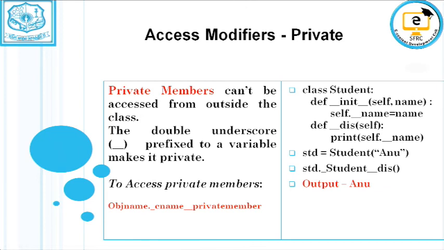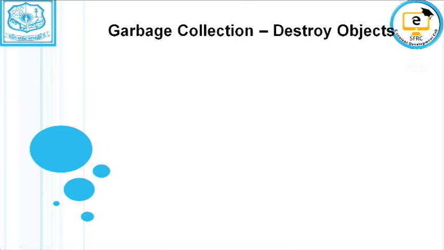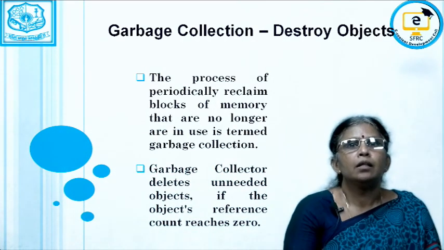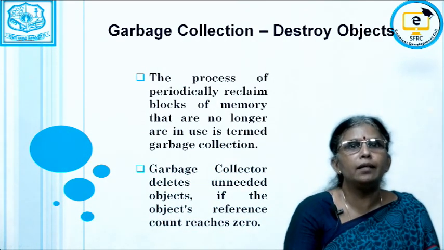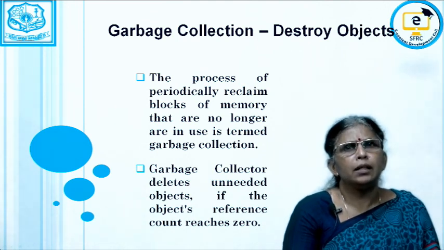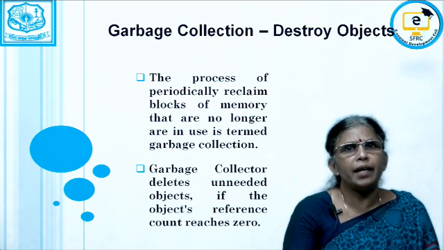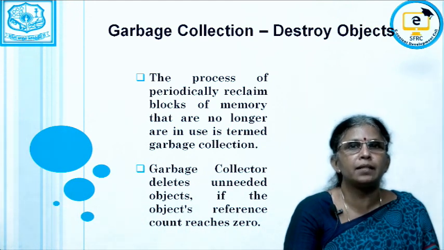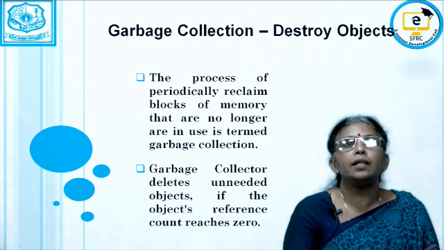Then lastly, garbage collection. Garbage collection helps to destroy the objects. The process of periodically reclaiming blocks of memory that are no more in use is termed garbage collection. What is garbage? Whenever particular objects need not be utilized, you can eradicate the system waste in the memory, so that you can use the memory for creating some more objects.